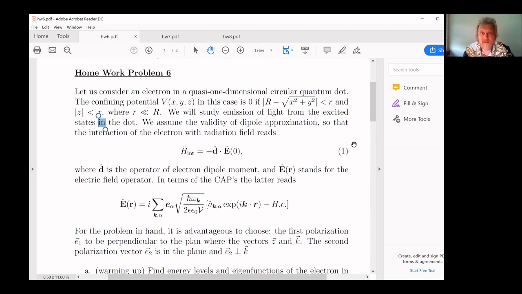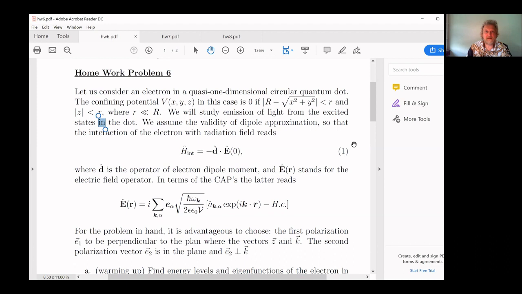All problems in this homework package, in contrast to previous ones, deal with transitions, with emission, energy loss in different setups. In the first 2 packages, we mostly concentrated on second order corrections to energies. Now we do transitions. But in fact, there is much similarity between computation of second order correction and transition.